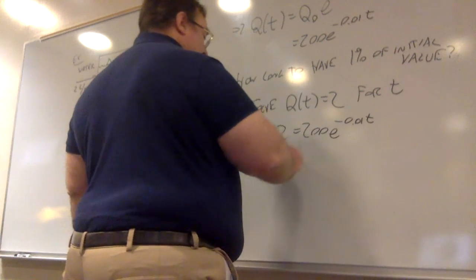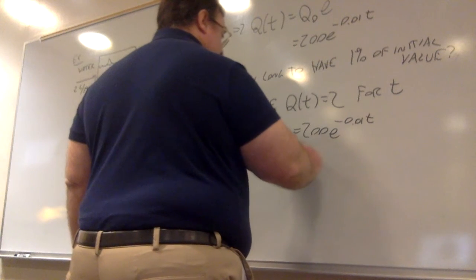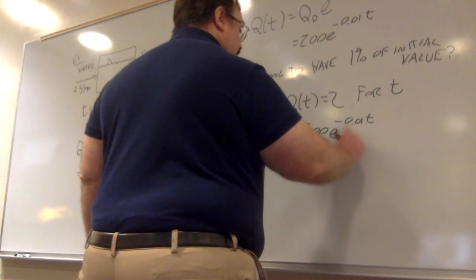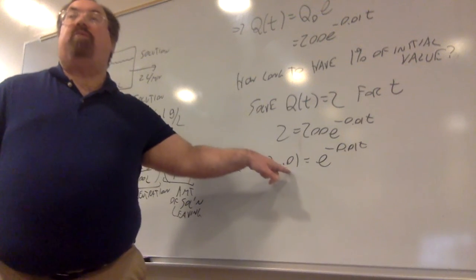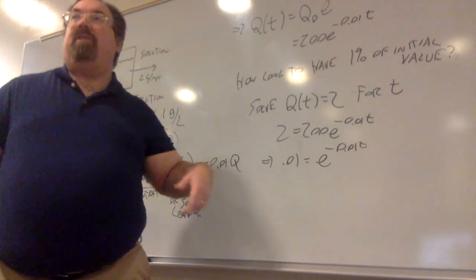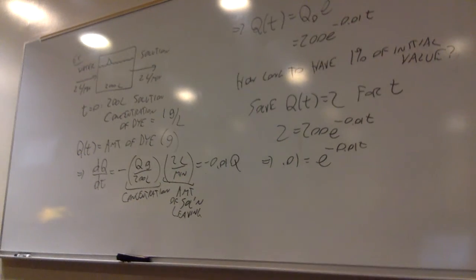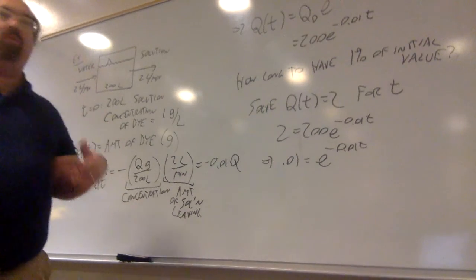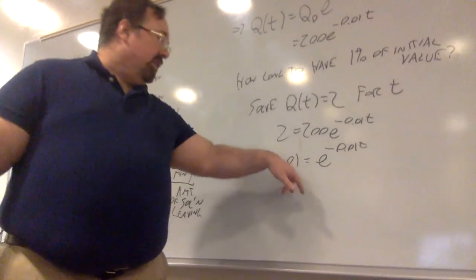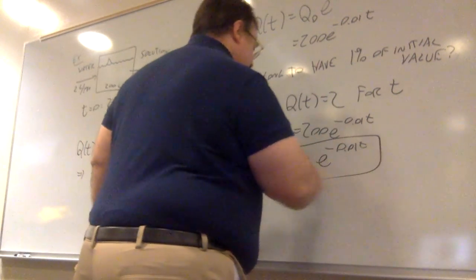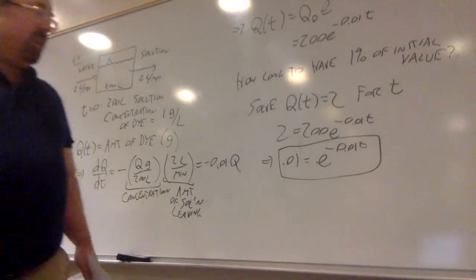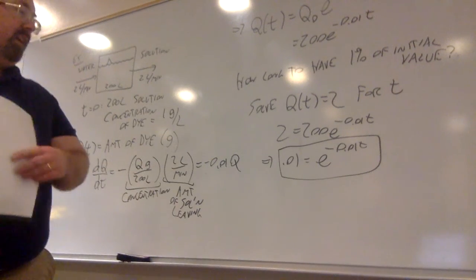So if I divide both sides, I have 0.01 is e to the minus 0.01 t. So here, really, this is what you want. This is 1%. So however much you started with, the amount of decay to 1% of that amount is the same. So really, you're just solving this. So you don't even need to know the initial amount to answer this question.